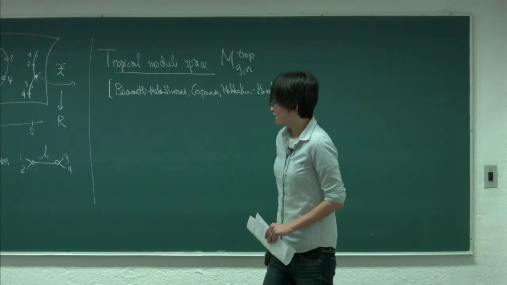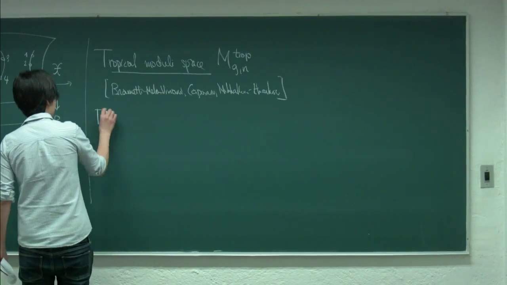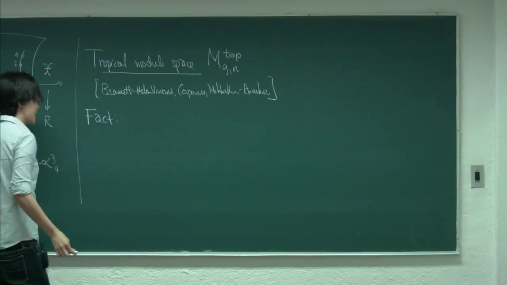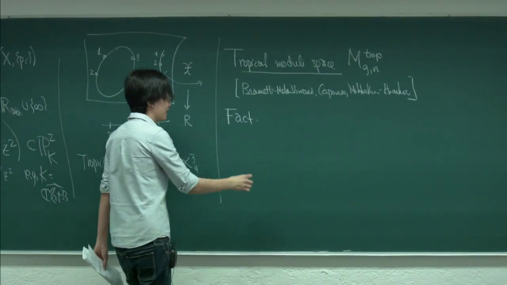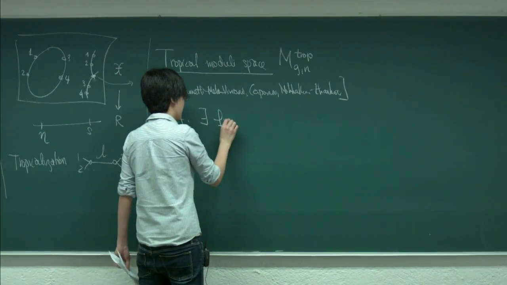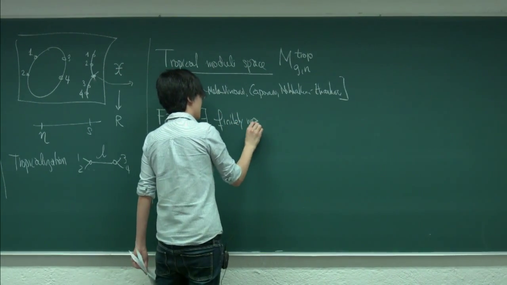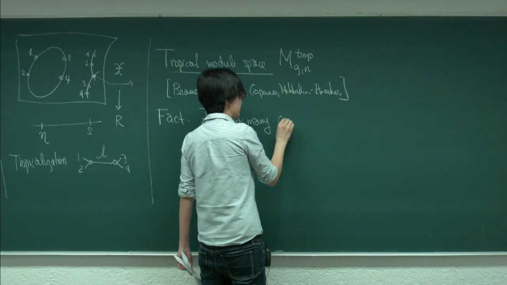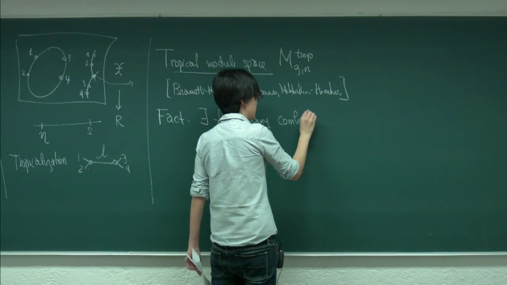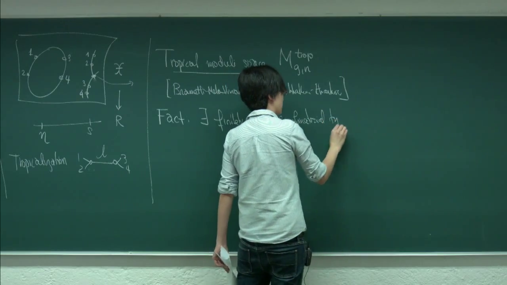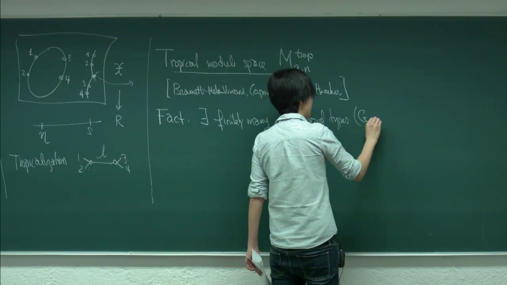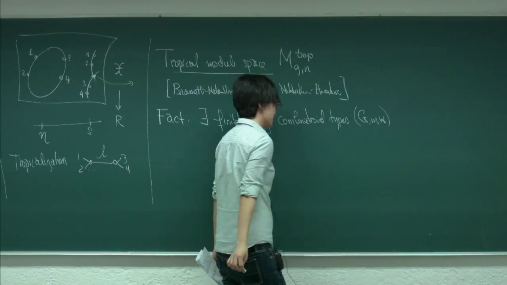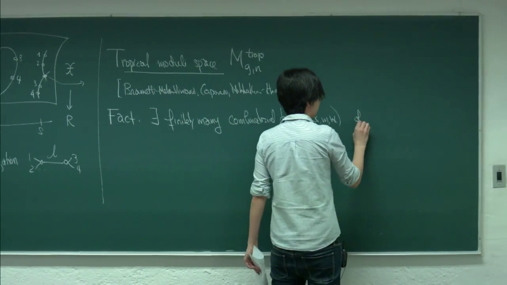So let us first prove the following easy fact, which is that there are only finitely many combinatorial types, in other words, vertex-weighted marked graphs of type (g, n).